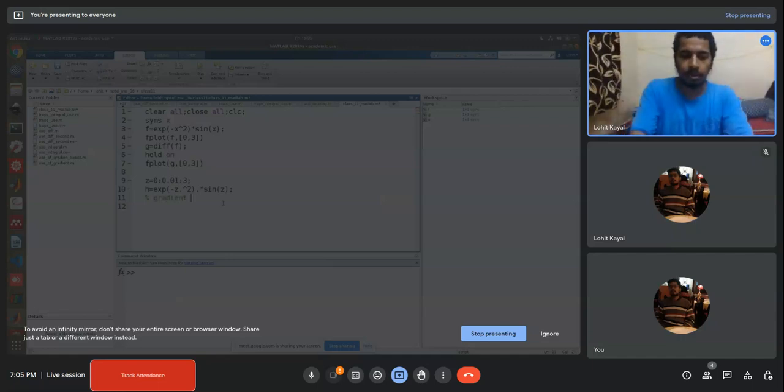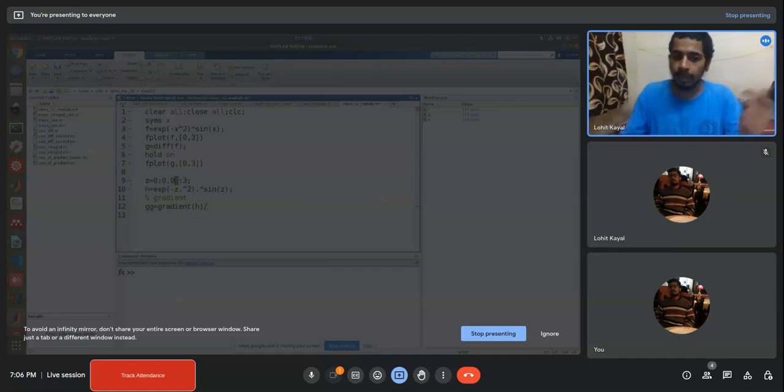Now it will give me a function. I want to find the derivative of this, so my function in terms of z, I need to find dh/dz. For that we have an inbuilt command in MATLAB called gradient.